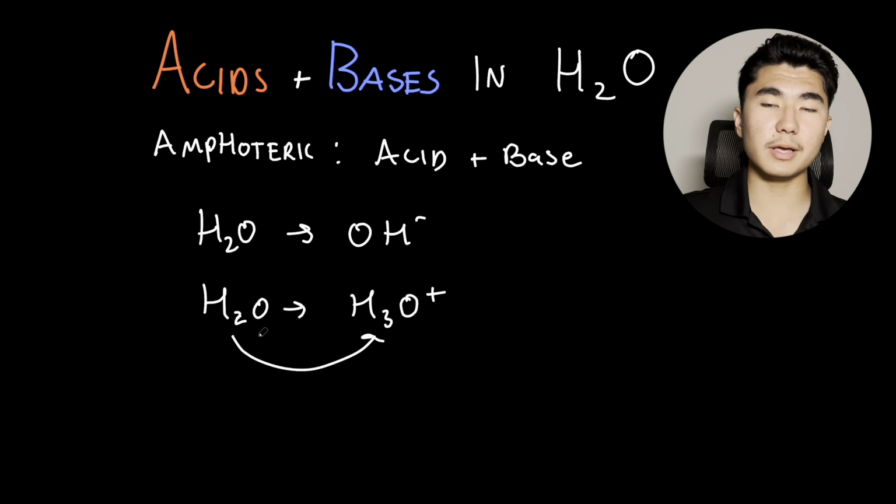So now that we know that part of autoionization, let's look at what this actually equals. In pure water, the Kw is going to equal 1.0 times 10 to the negative 14th power.